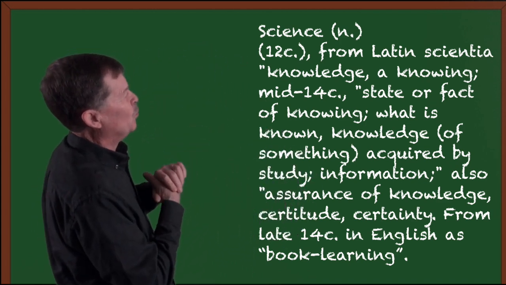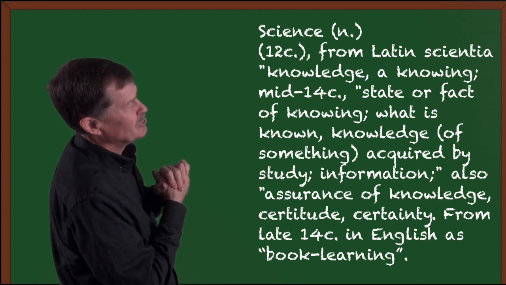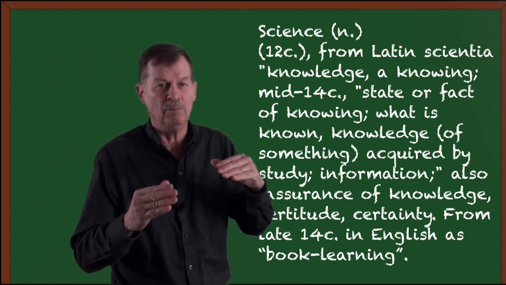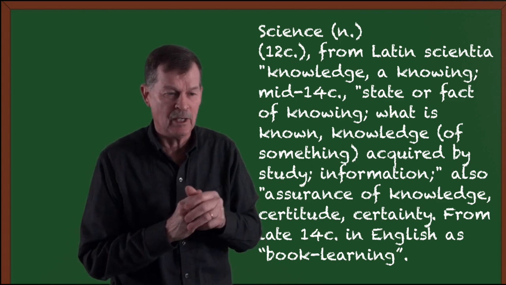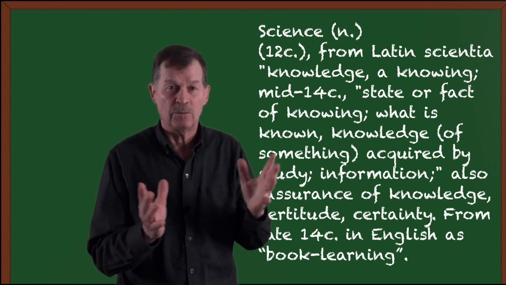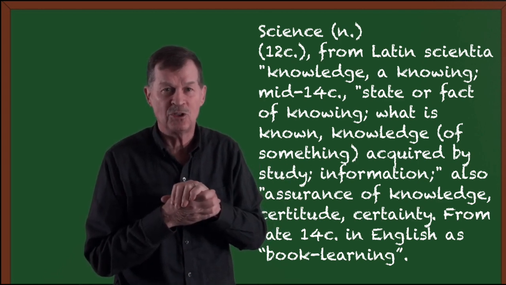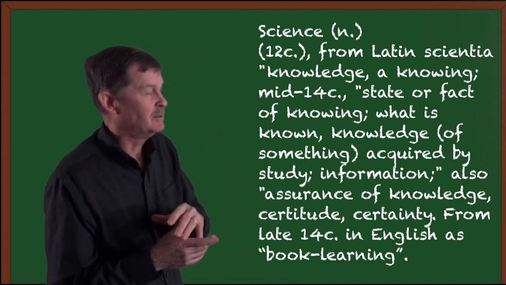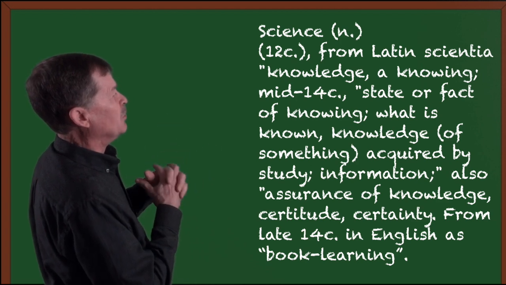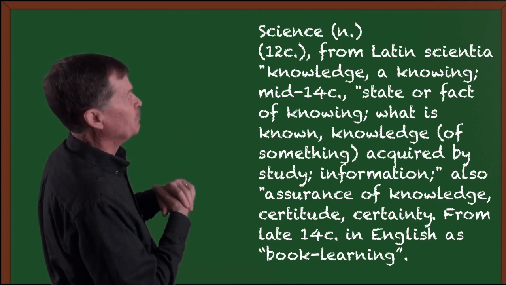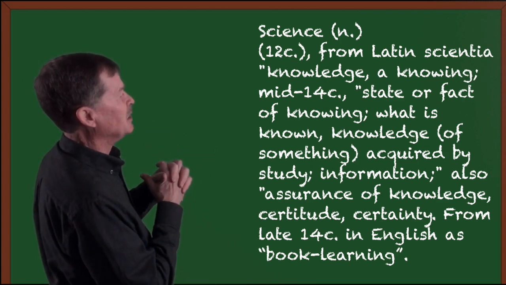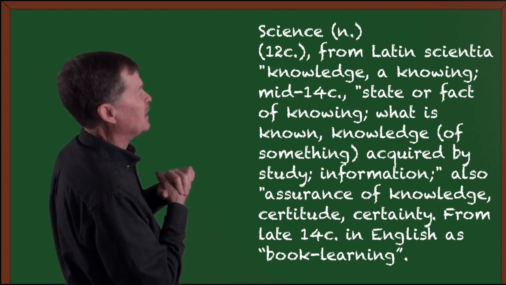So science did not come from a term that meant investigate, or a term that means natural world. It came from the word meaning knowledge. How do we get knowledge? And so that is what science is: knowledge. State or fact of knowledge. What is known? Knowledge acquired by study, information. Also, assurance of knowledge, certitude, certainty, from the late 14th century in English as book learning.